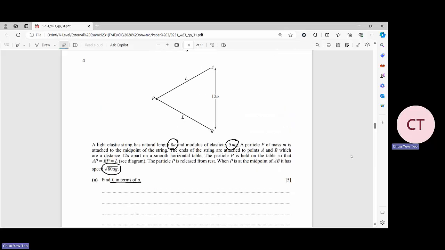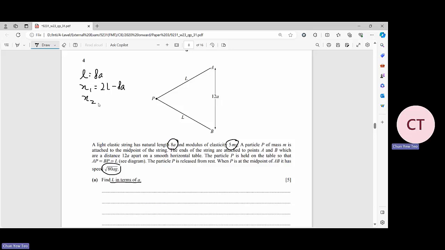Before that, we need to know the original length of the string is 8a. The extension at the very beginning is 2L minus 8a.